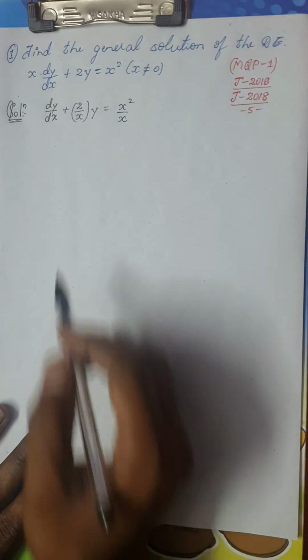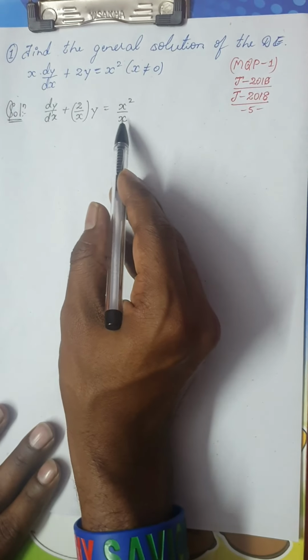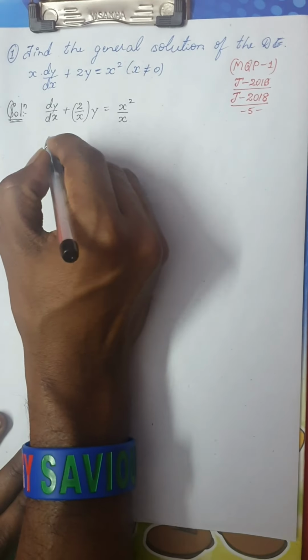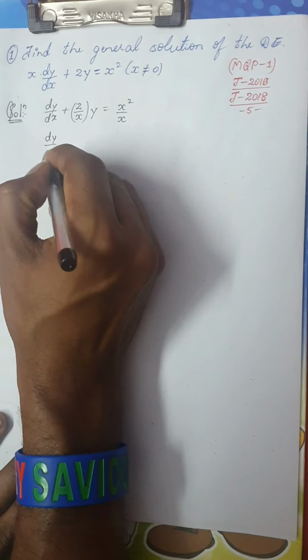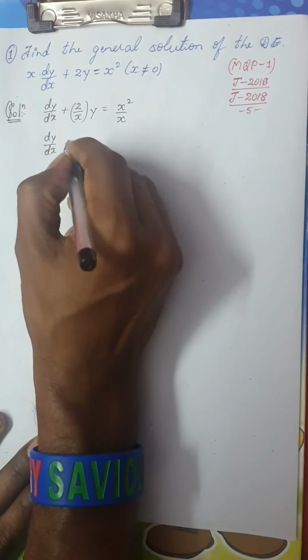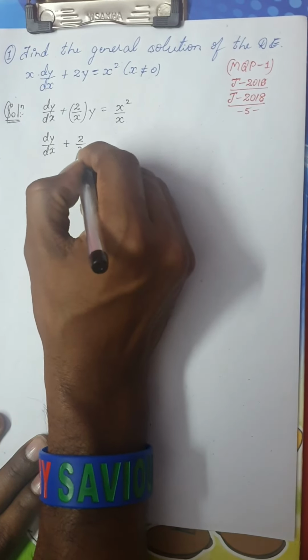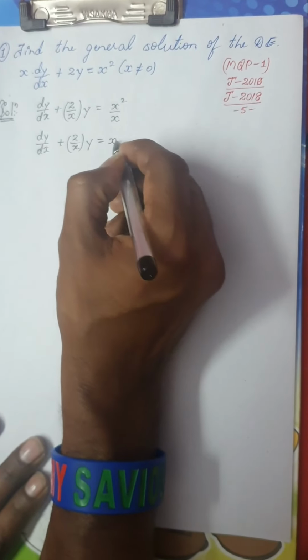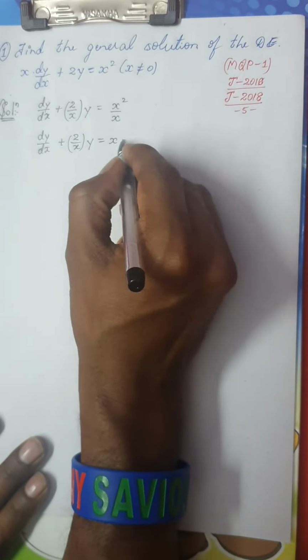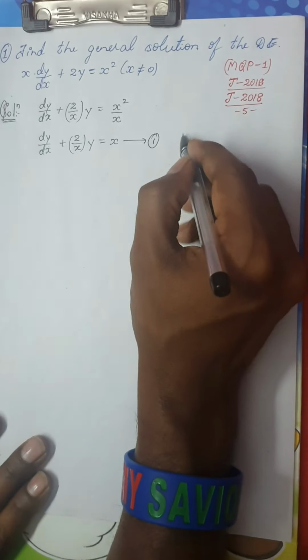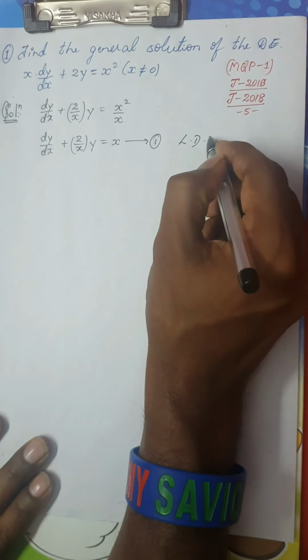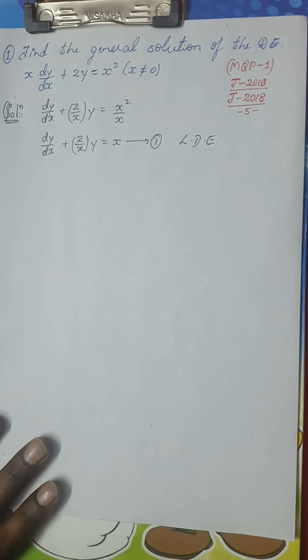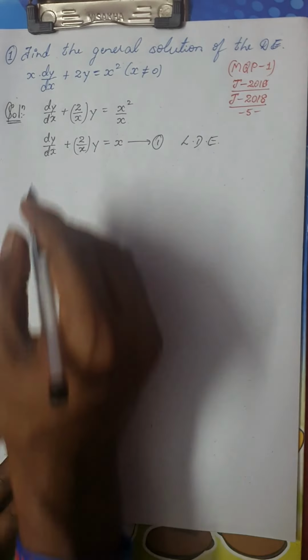Okay, what happened here? I'm going to divide throughout by x. So the equation will reduce to dy by dx plus 2 by x into y is nothing but x square by x, this is x. Let me consider this as equation 1 and write LDE. So this is the linear differential equation.